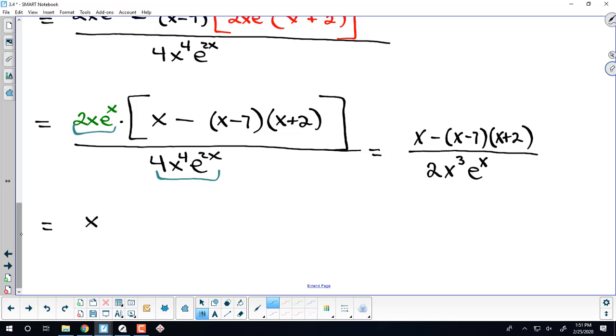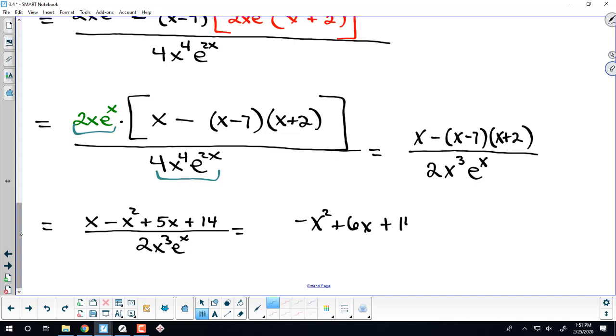So just write it here, x. We've got an x squared, and a minus 5x, and a minus 14. But all of it's times that negative out front. All over 2x cubed e to the x. So that's our simplified version.